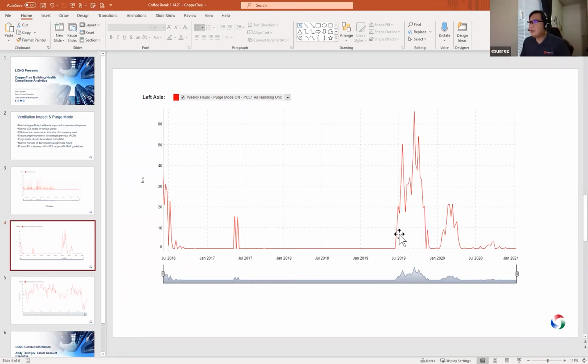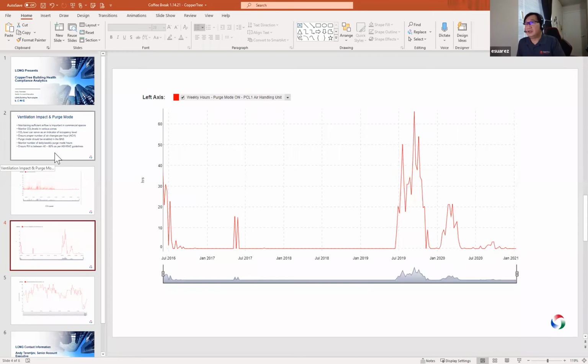And right again, during the height of COVID, back in the first quarter of last year, there's a spike again in purge modes or air purges within that particular building. And from that point until now, it's rarely occupied. I believe as of the moment, they're doing about 20% occupancy for that office building, and that's why there's less air purging going on.